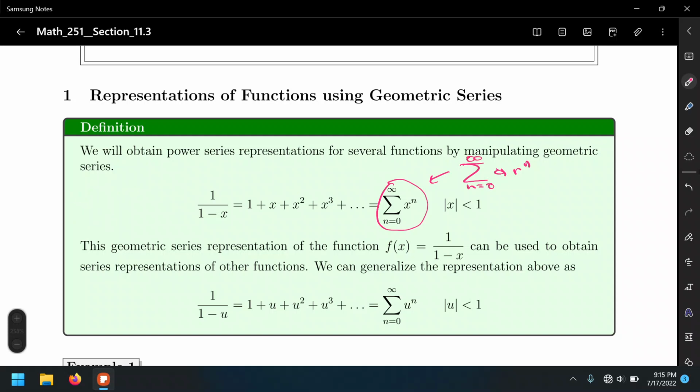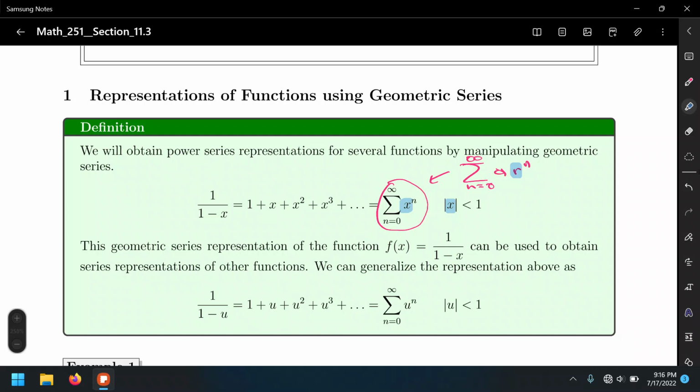And we found out that the geometric series converges whenever that value of r, which in this case will be represented by x, has absolute value less than 1.